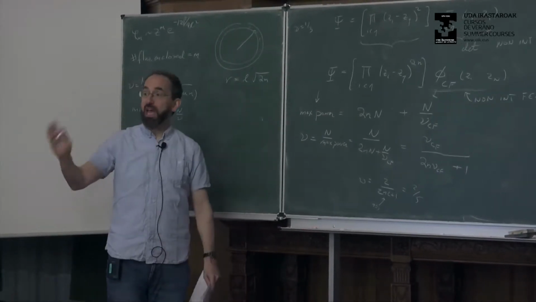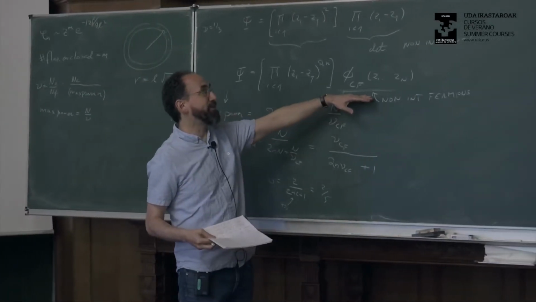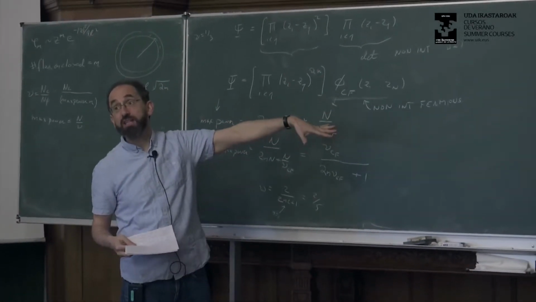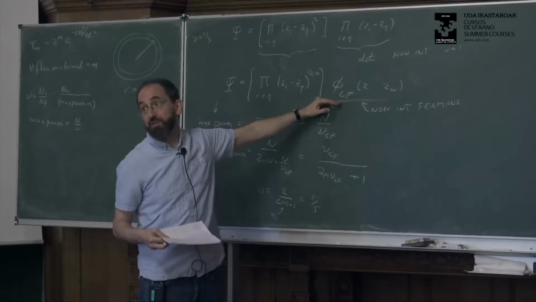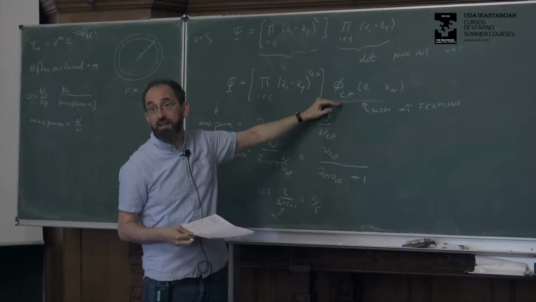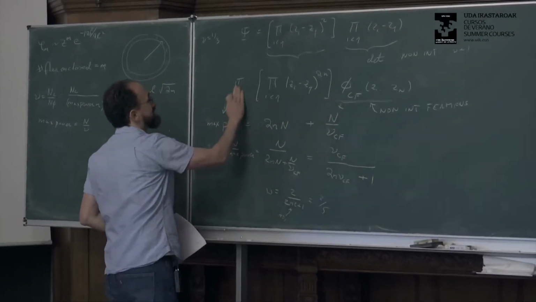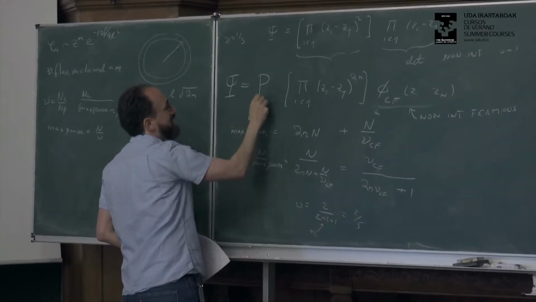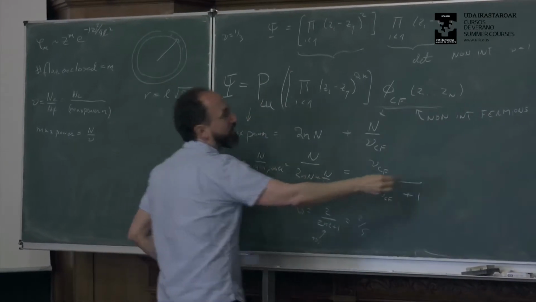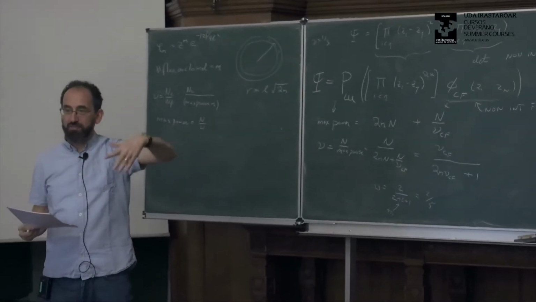Now, there's a little bit of a catch here, which is that we want to have a wave function which is within the lowest Landau level. And this wave function here is not in the lowest Landau level, meaning it has some z stars in it as well as z's. And we need to get rid of those. The trick for doing that is to modify this equation by putting a big projection operator out front of the whole thing, which basically takes all the z stars and throws them away.